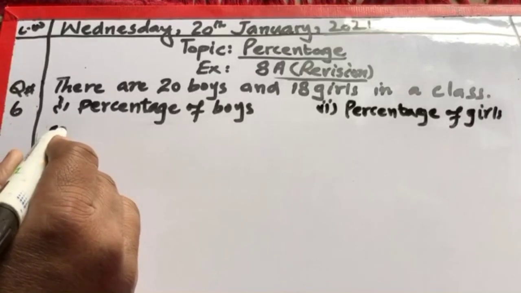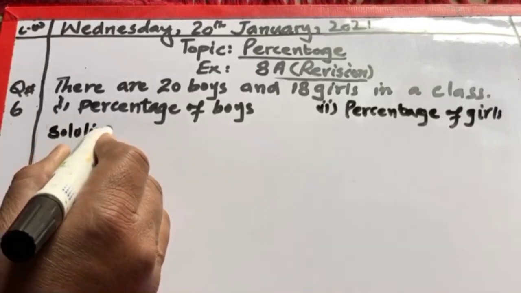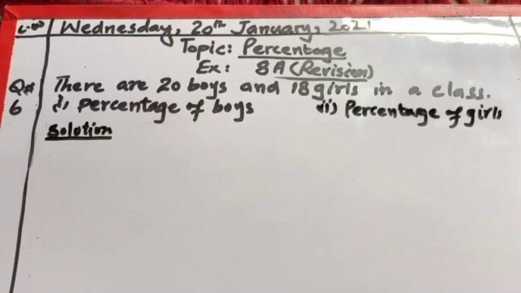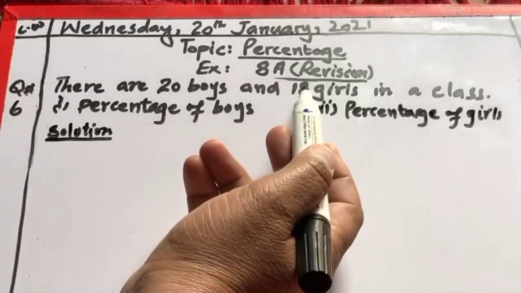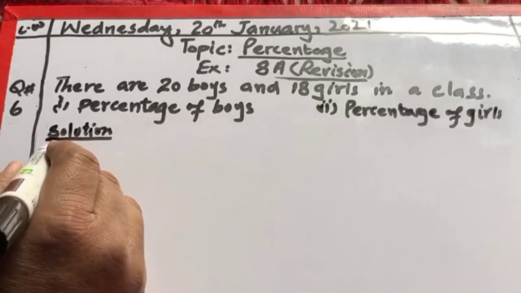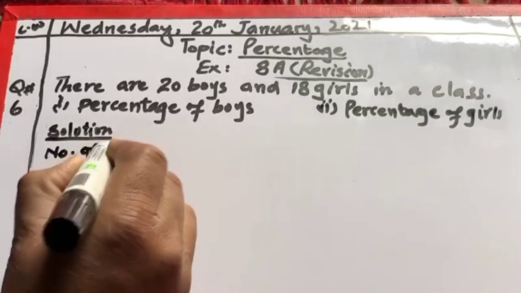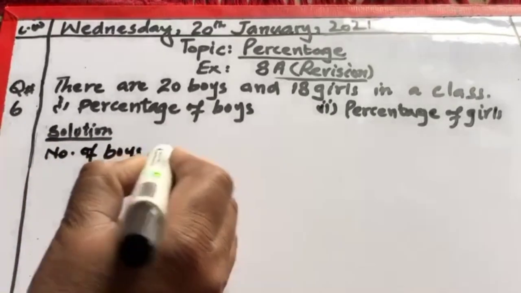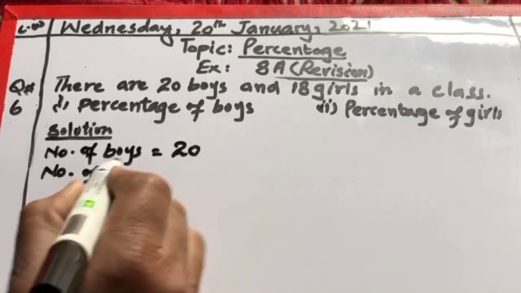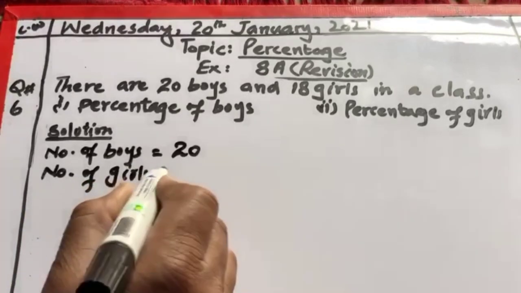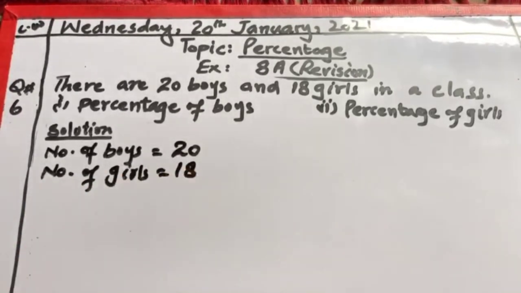So in the solution of the first part, the given values in the statement are 20 boys and 18 girls. So we will write the given: the number of boys is 20 and the number of girls is 18.